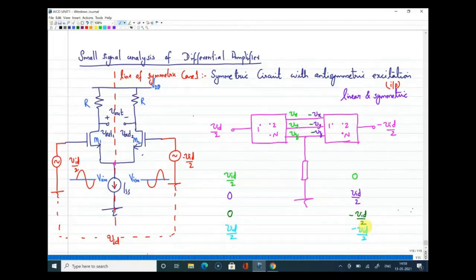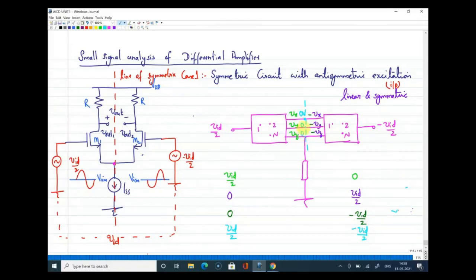What will be the voltage in the line of symmetry? Yeah, it should be 0, right? Because on one side it is Vx, on the other side it is minus Vx. So what I can expect is this voltage can be 0, this can be 0, this also can be 0.